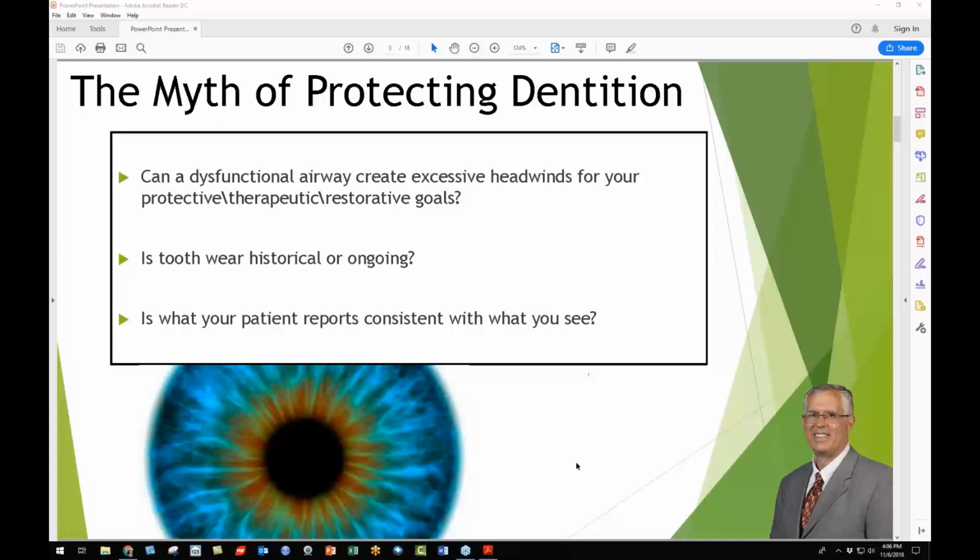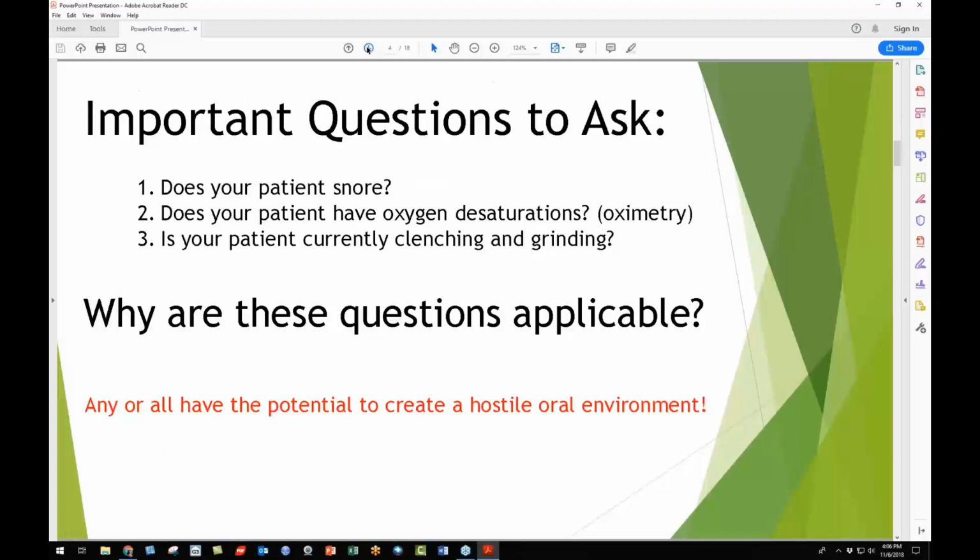There's obvious wear, and it's clear that at some point, or maybe currently, there's bruxism going on. You talk to your patient about that and they'll say, no, I don't clench or grind, so I don't know how that tooth wear happened. They're at a disadvantage to answer questions about that. So we're going to talk a little bit about that as well.